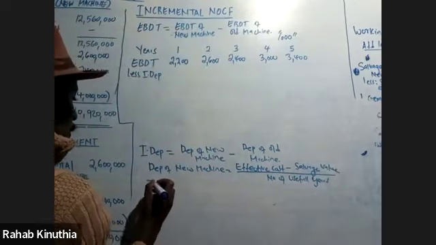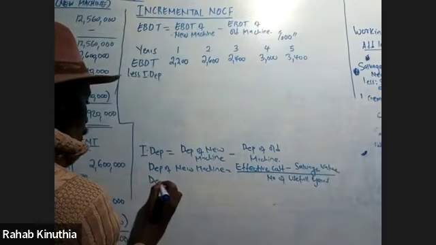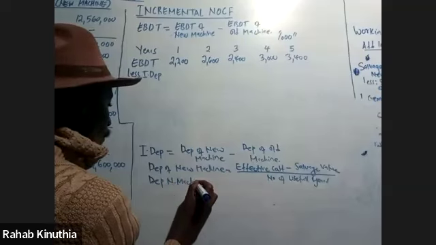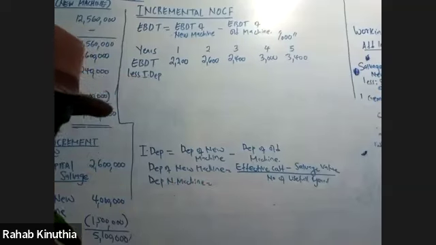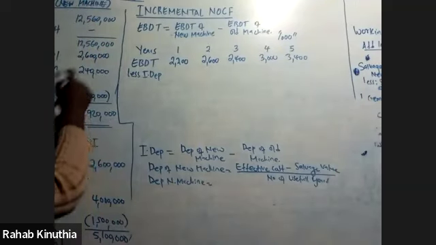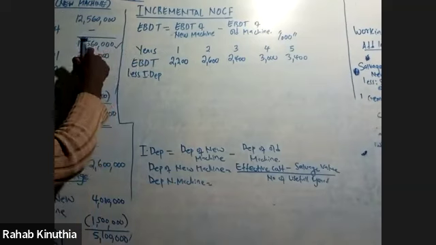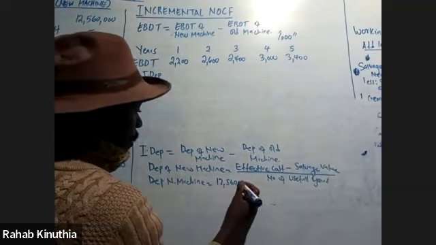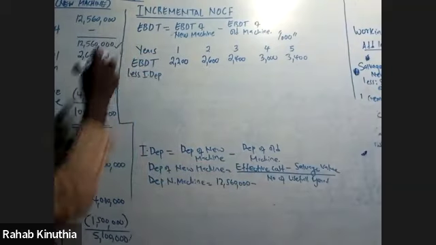Aha, itakuwa ngapi? That depreciation of new machine. So what is the effective cost? Effective cost ndio hii hapa. 12,560,000. Iko hapa juu.